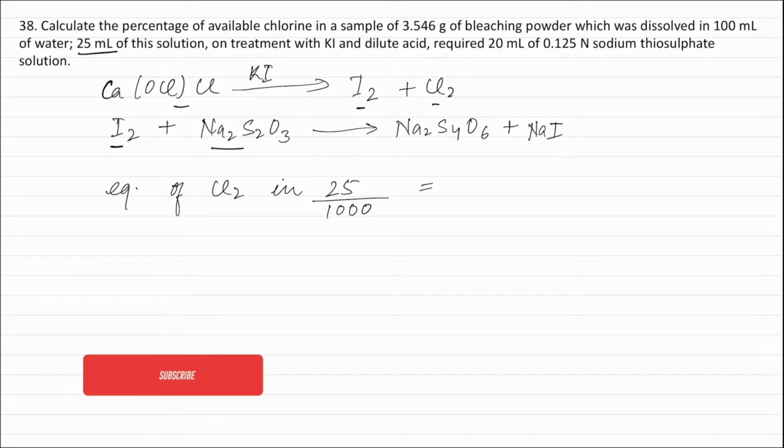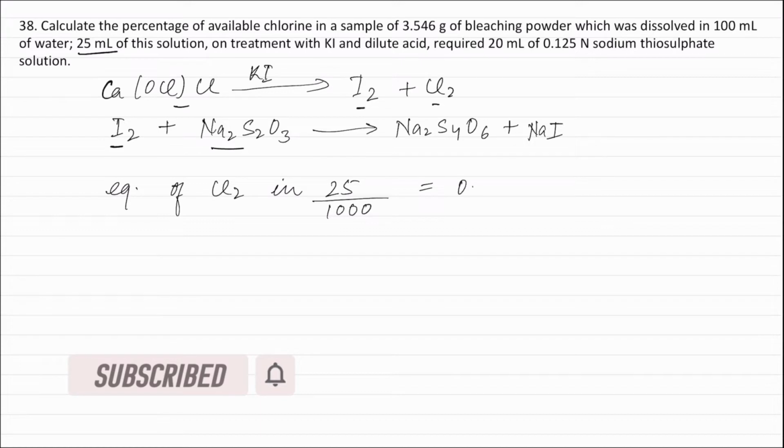Now equivalents of chlorine in 25 by 1000 liters of solution is equal to equivalents of sodium thiosulphate. Equivalents of sodium thiosulphate will be equal to normality of sodium thiosulphate, that is 0.125 N, into volume of sodium thiosulphate in liters, that is 20 divided by 1000 liters.